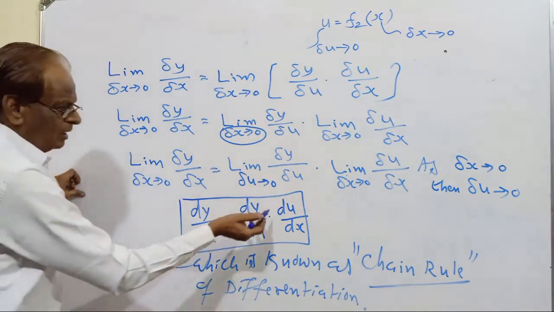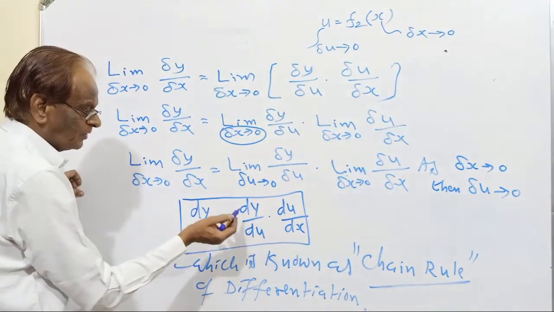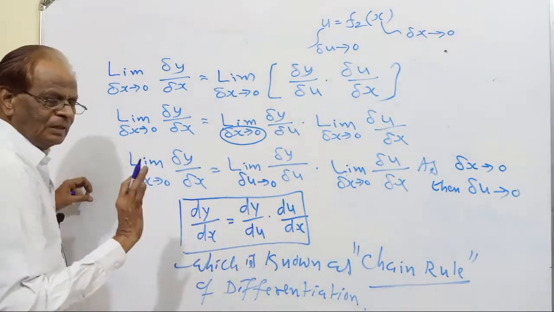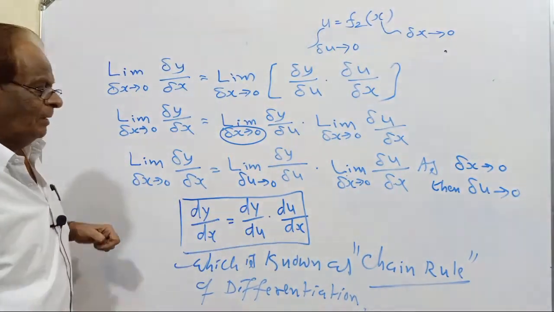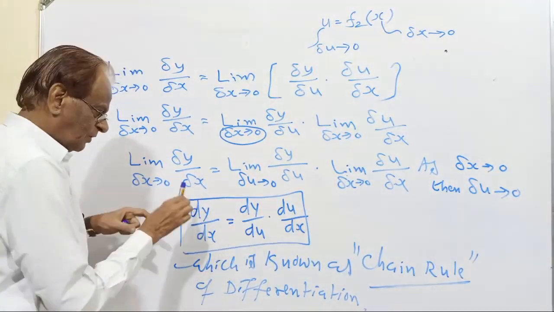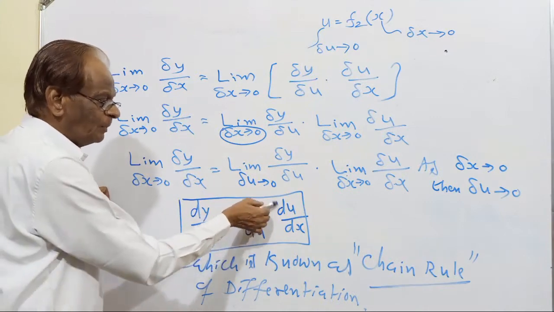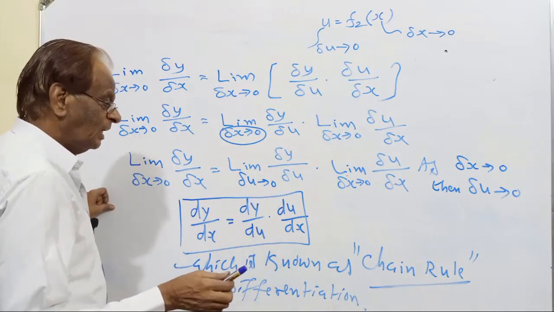Don't mistake: du cancels, so it is dy by dx. It is not like that, because separate du has no meaning. We cannot separate dy and du. We cannot separate du and dx.